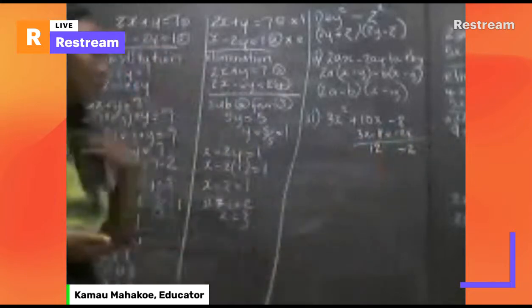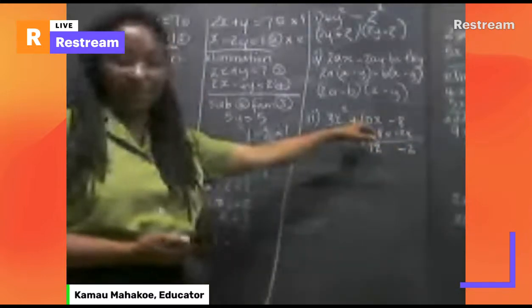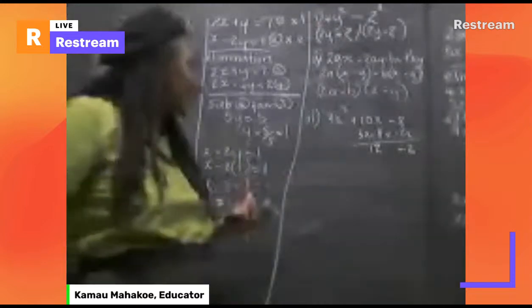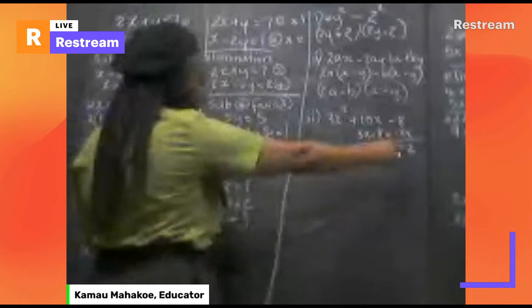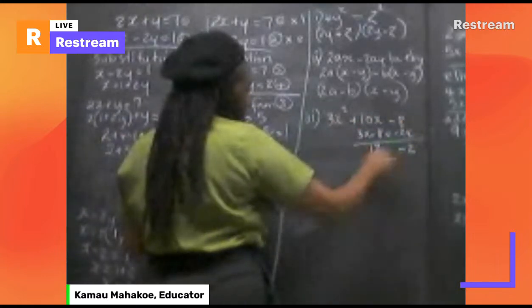So when we multiply 12 and negative 2, we get negative 24, and when we add them we get 10. So what we're going to do is replace the positive 10x with 12x minus 2x.